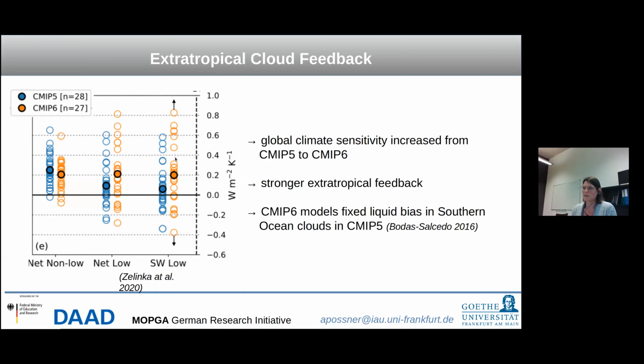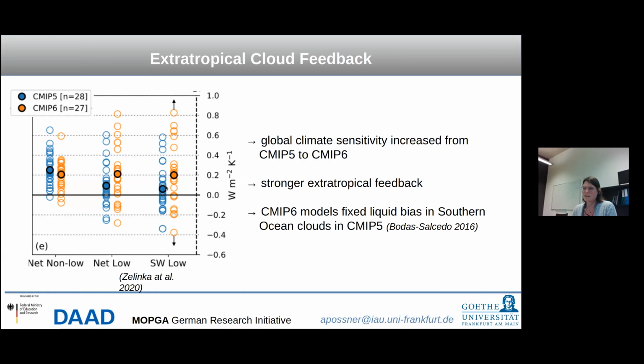And I want to particularly focus you on the right-hand side of this figure, looking at the shortwave low cloud feedback. And in black, you see the mean estimate, and the spread is shown in the clear colored circles. And you see a clear upward shift here. So the newer generation climate models predict a stronger low cloud feedback compared to the past generation climate models.